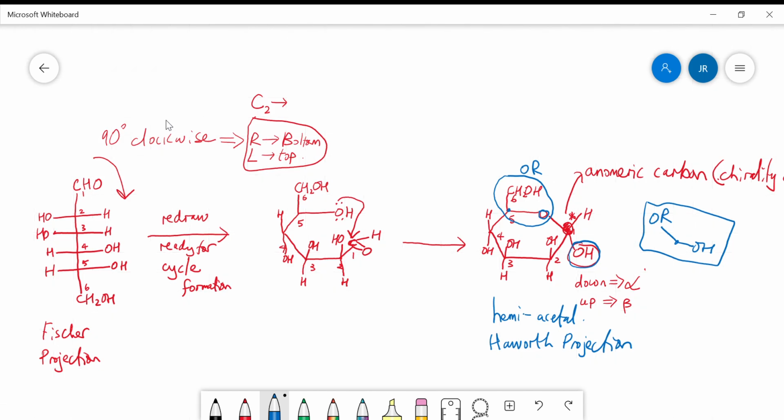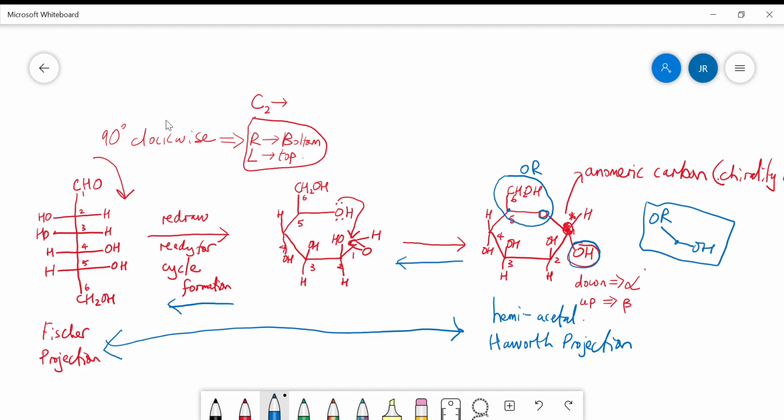Obviously it's reversible, you can go back again, in which case bottom would become right and top would become left, etc. So again, practice Fischer to Haworth, Haworth to Fischer.